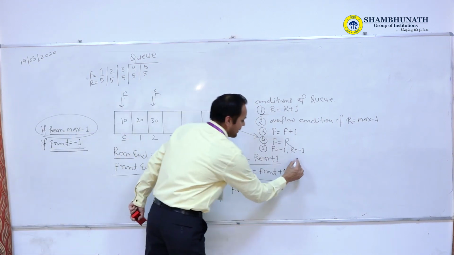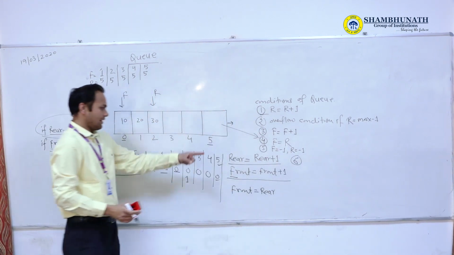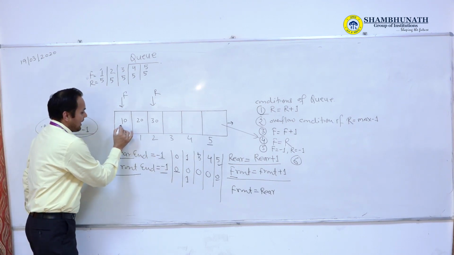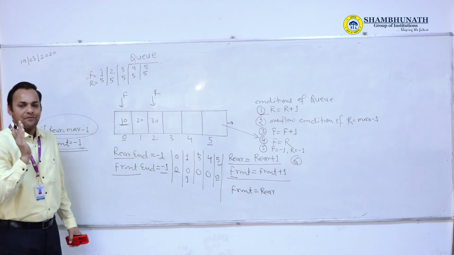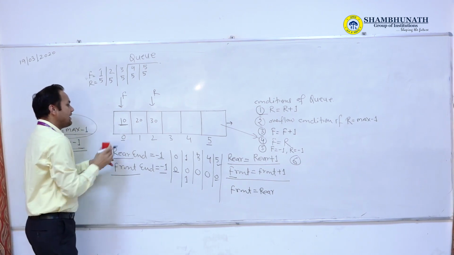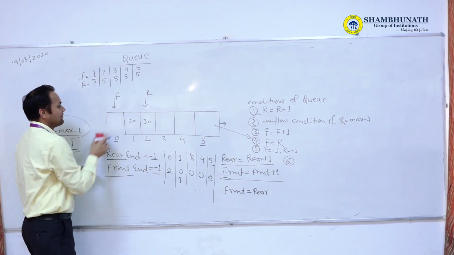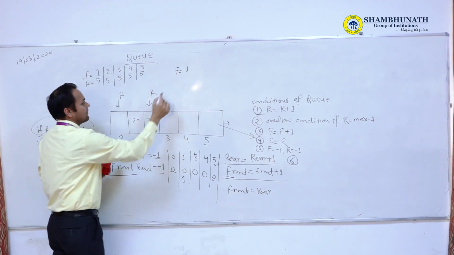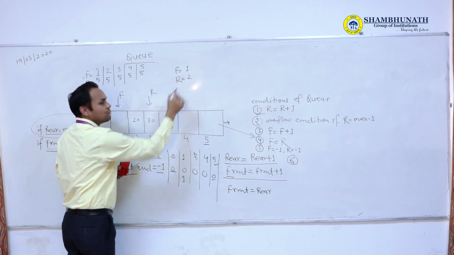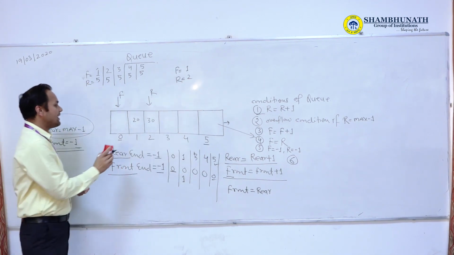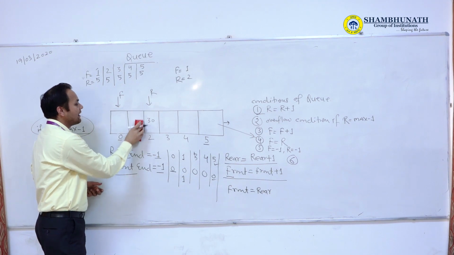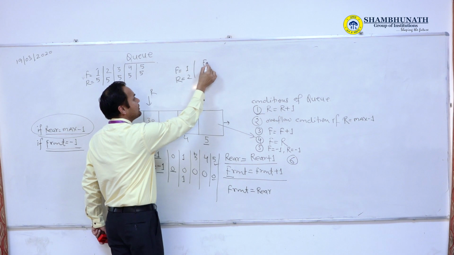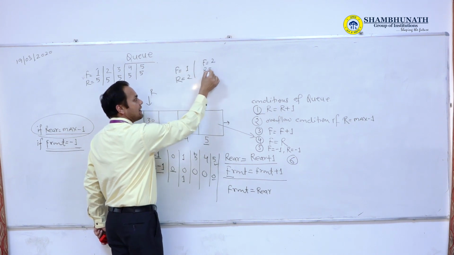One important condition I will discuss here. If we delete an element from the queue, 10 is deleted, then front equals 1 and rear equals 2. If we delete the element 20, then front is 2 and rear is 2.